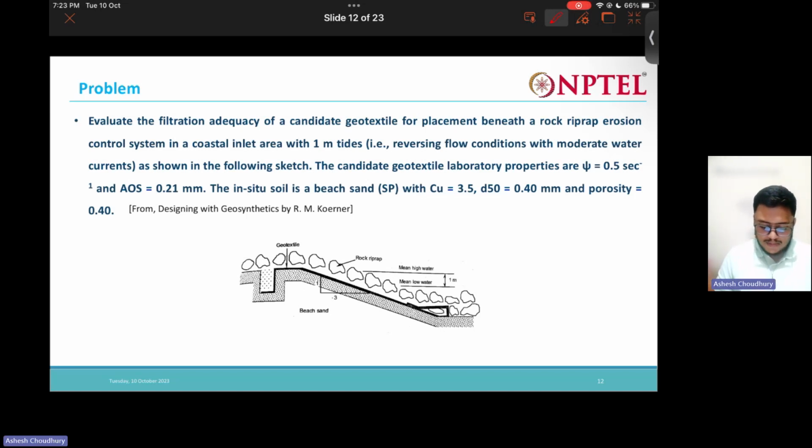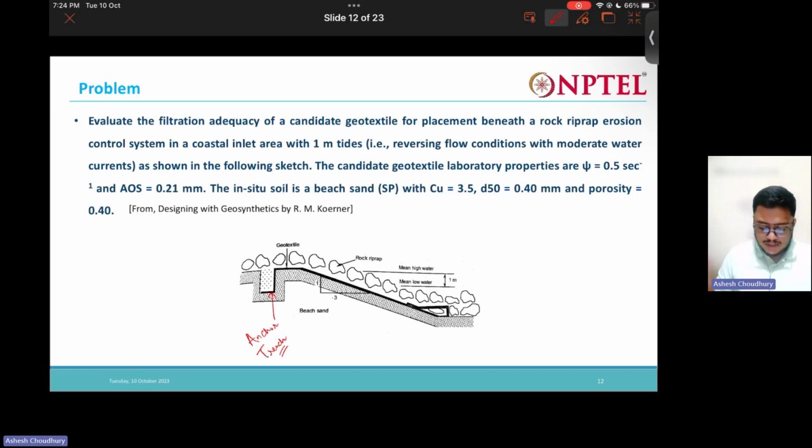The riprap is holding the geotextile in position, and the geotextile has also been anchored here. This is the anchor trench. You see the geotextile is anchored here, and over that you have a rock riprap.